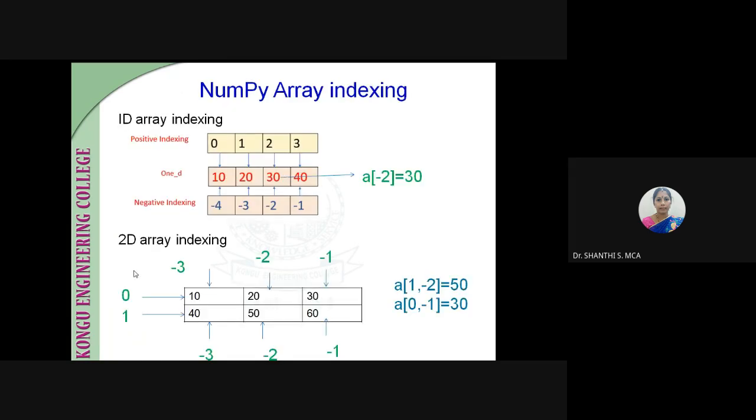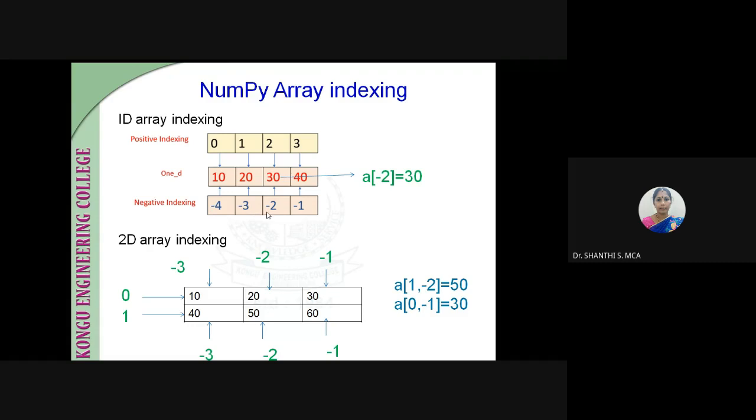So how are we accessing the array elements? Here we can use positive indexing as well as negative indexing. Python supports both. This is our one-dimensional array. It consists of 4 elements. This is the positive index: 0 refers to 10, 1 refers to 20, and 3 refers to 40.